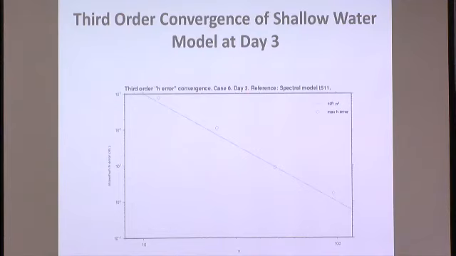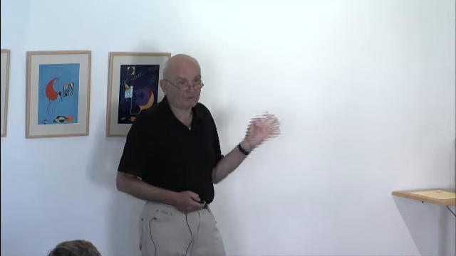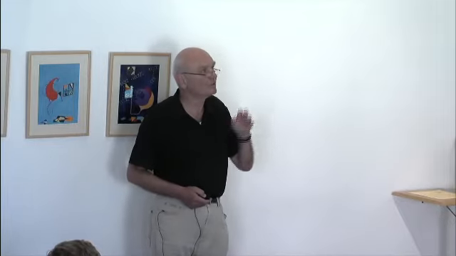I think it goes up to day 5, because case 6 of Williamson is already unstable. It was also shown theoretically by Subborn that it is unstable. You can't predict this test case infinitely. It will eventually lose predictability.